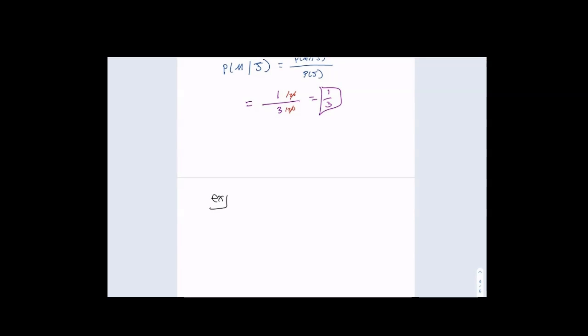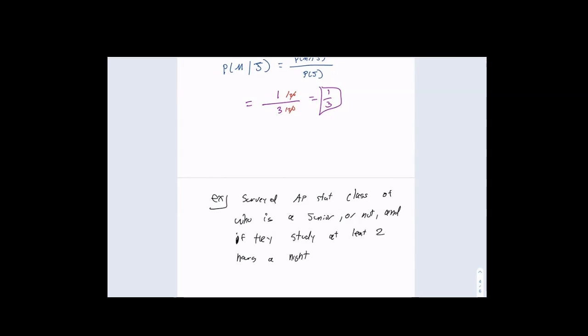So I surveyed my AP Stat class of who is a junior or not, and if they study at least 2 hours a night or not.